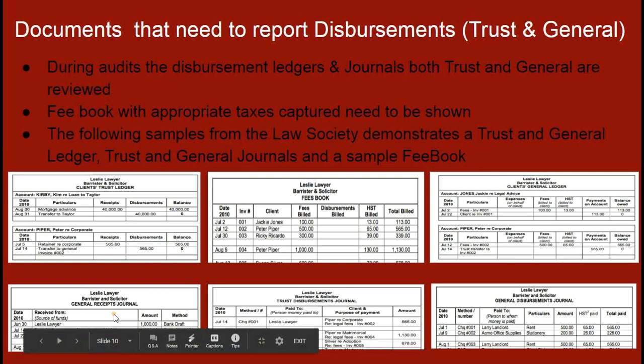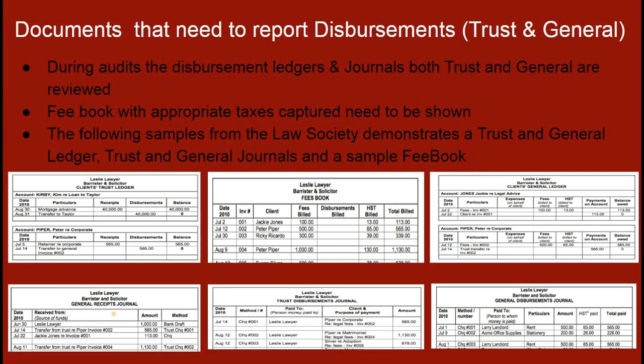Of course, each document has a little nuance to it. There are certain documents that have certain data elements to it, and they differ. For example, if you talk about the fee book, it captures the date, the invoice number, right?